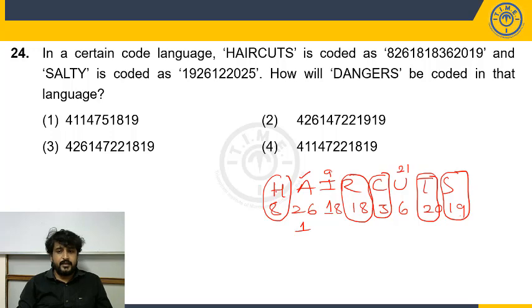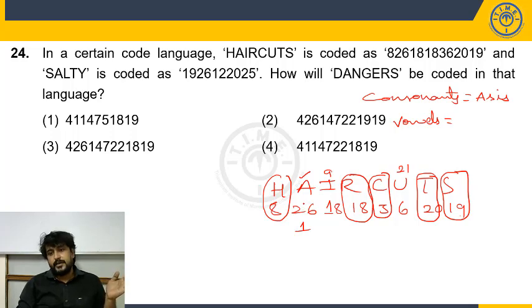So what I can say here, for consonants, the place value is taken as it is. Whereas for the vowels, the opposite letter's place value is taken. Opposite letter means what? First letter from the beginning, first letter from the end.